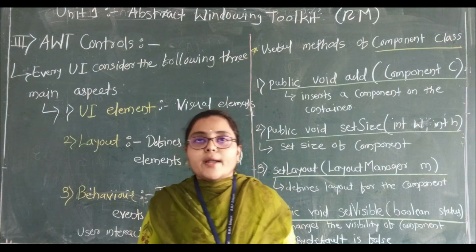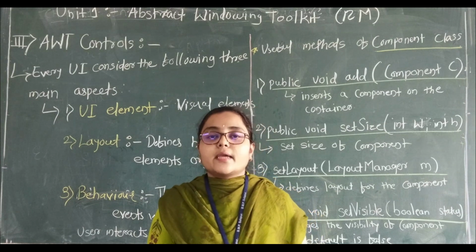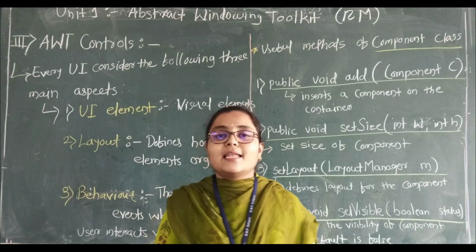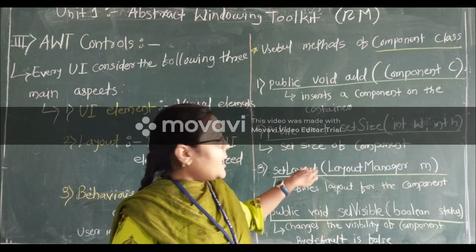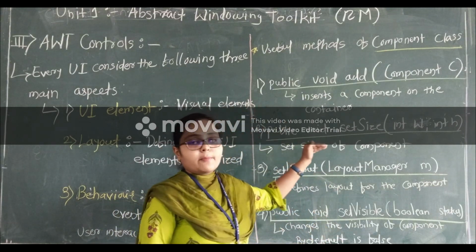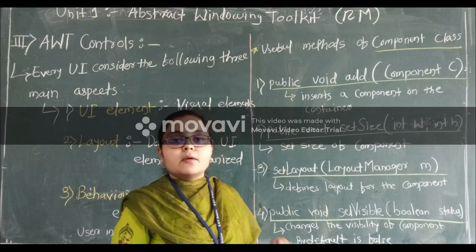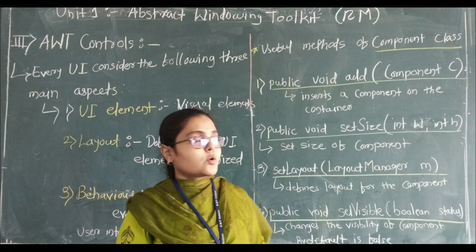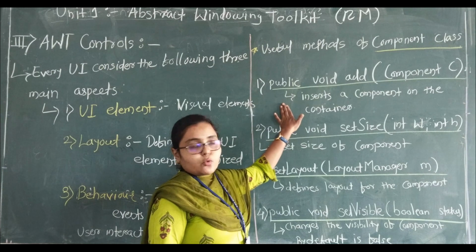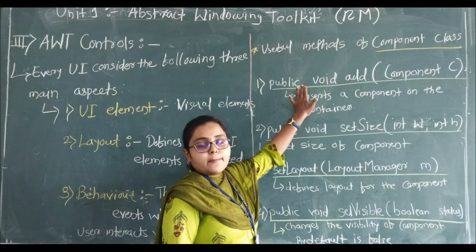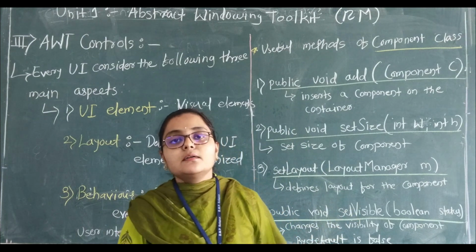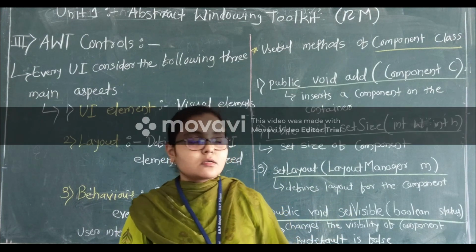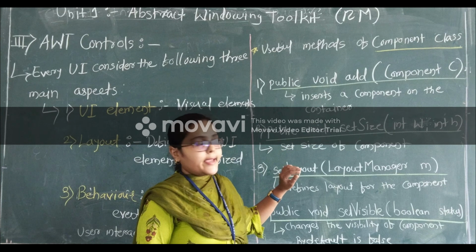Means you declare a UI element, for example a label. After declaring the label, I must add that label to my container. To add the label, we use the method public void add. This is a common method used with UI elements.